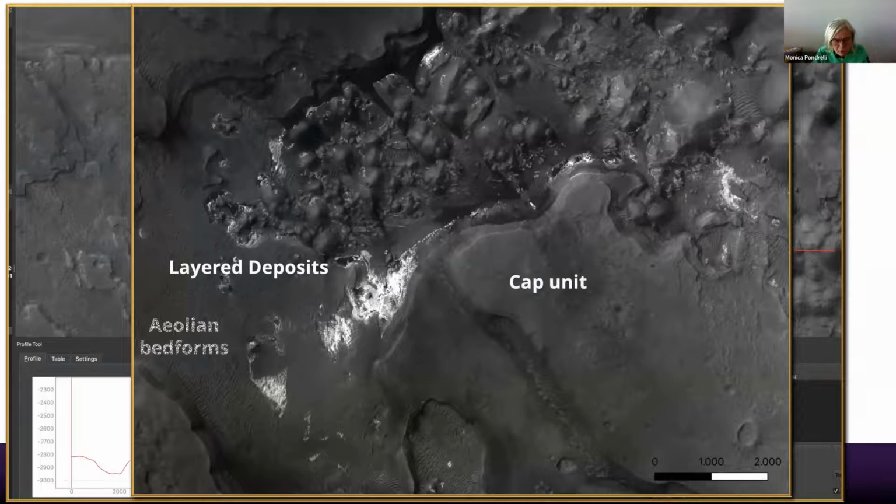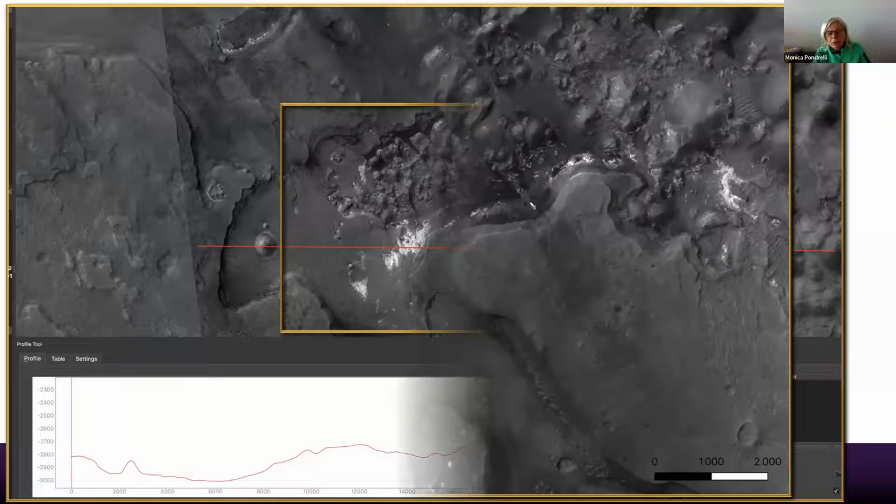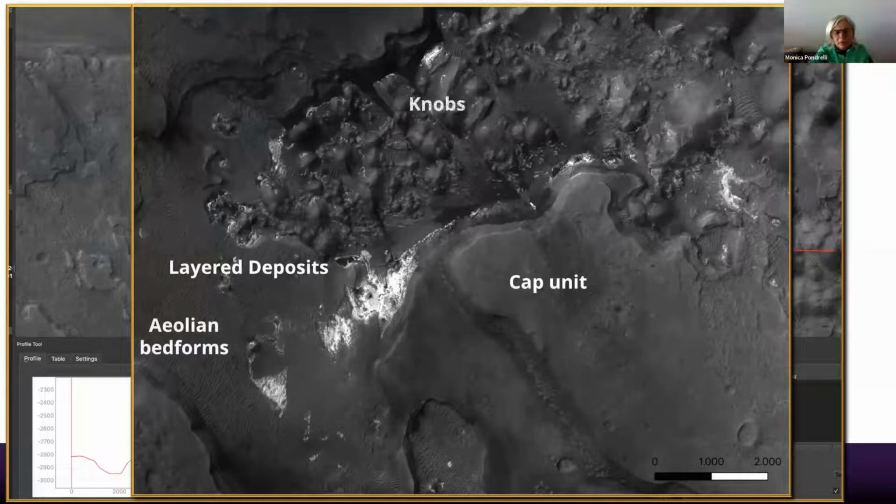Now, if we move, sorry, this was too fast. If we move to a little bit larger area, okay, we described the unit in detail. Now let's zoom out to see in a better way the geometry of these units. We see the layered deposits with a cap unit on top.